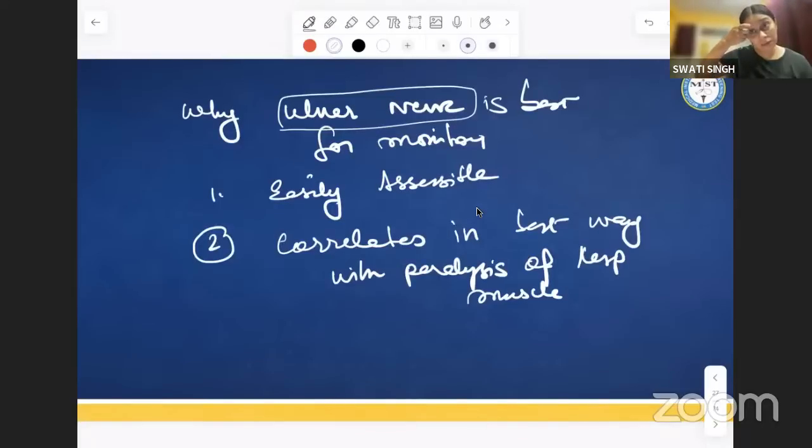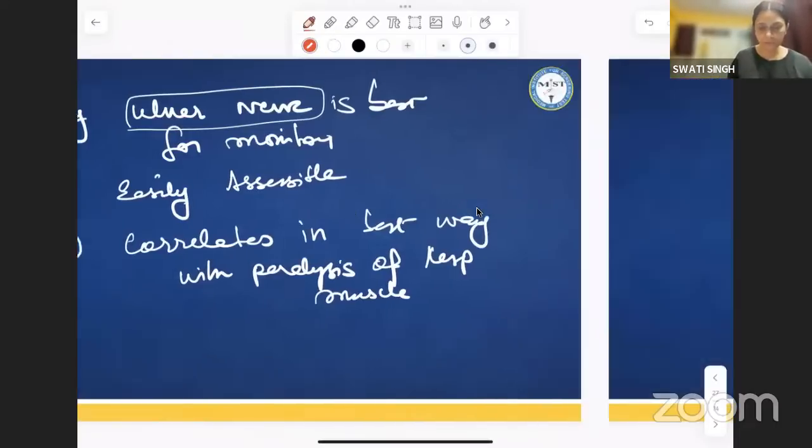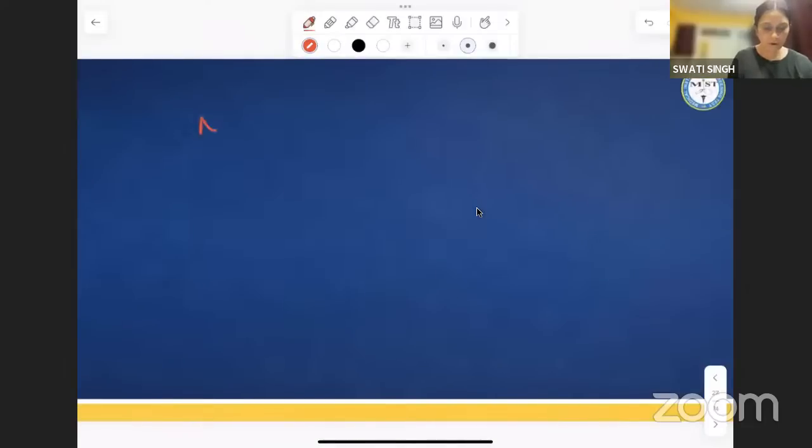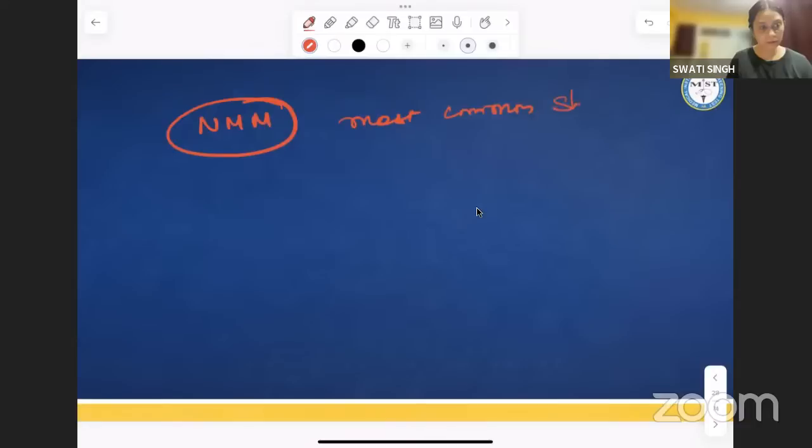Another question: which is the most common stimulus used for neuromuscular monitoring? The most common stimulus used is the train of four stimulus.